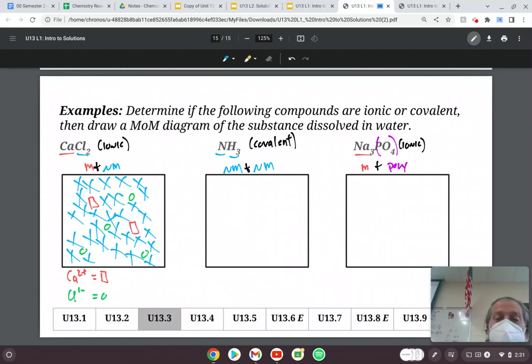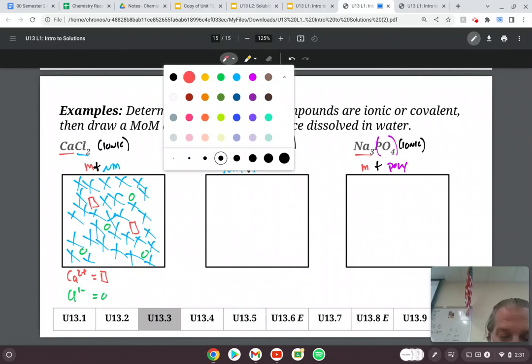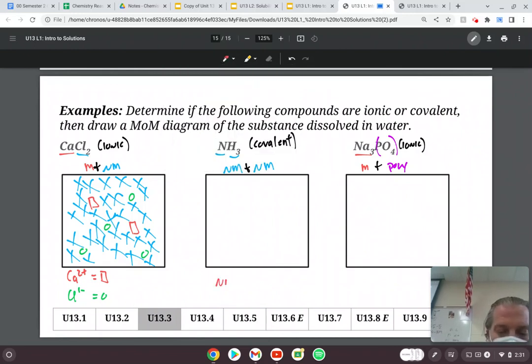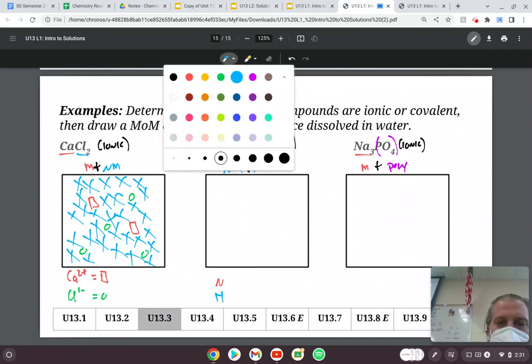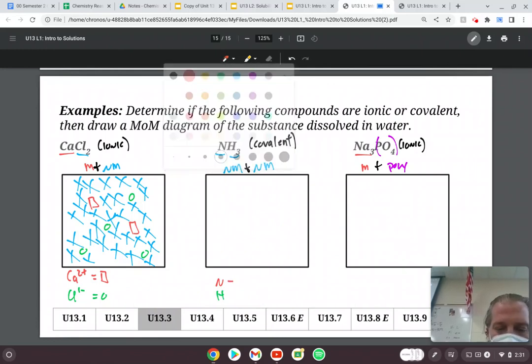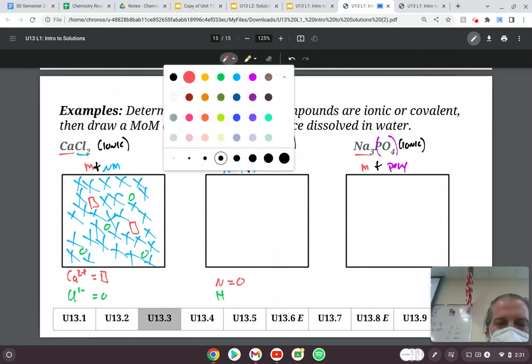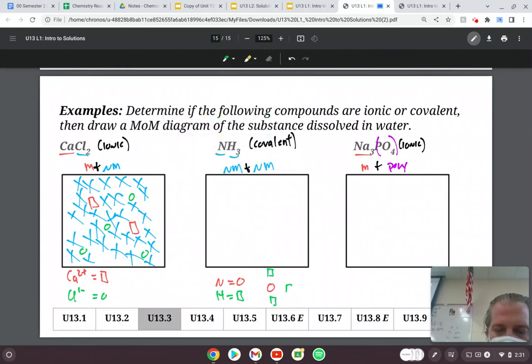In the case of NH3, because it's nonmetal and nonmetal, I'm going to have nitrogen and hydrogen, right? And so in this case, I should make that green. My nitrogen, I'm going to make a circle. And my hydrogen, I'm going to make a square. But because this is one unit, I'm going to draw it to look something like this, and they're all going to be bonded together.